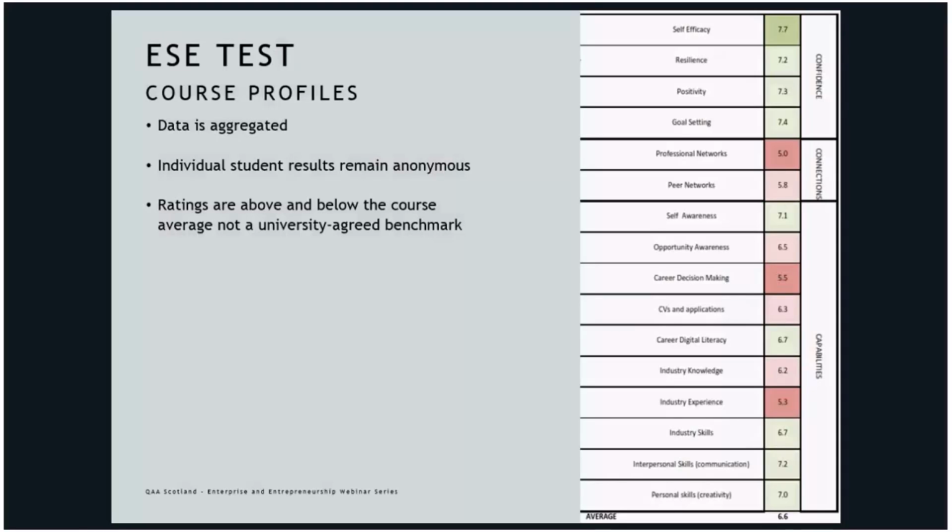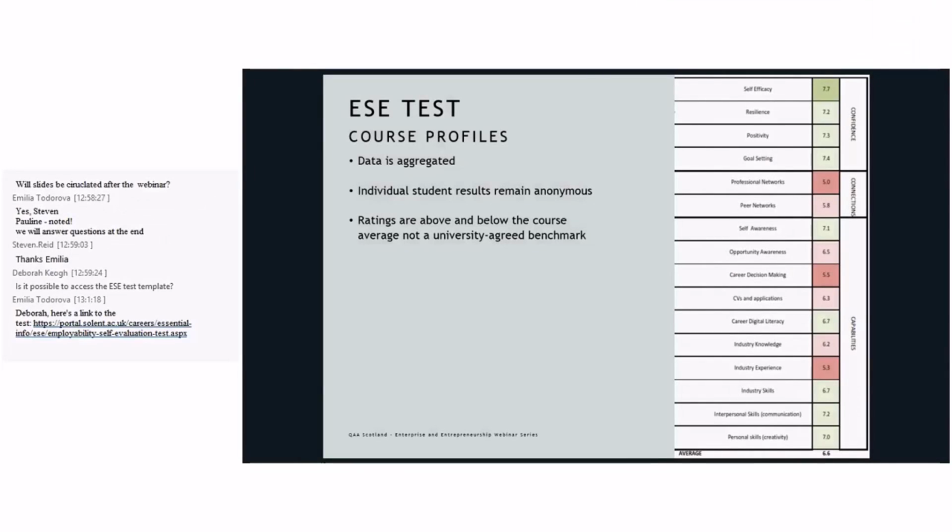One of the examples that's quite low here is in the networking side of things, the connection side of things. And for an awful lot of people, and I worked at various other universities before working at Southampton Solent, at a really early stage in their career, it's very common for students to say, well, I haven't got a brilliant network yet, I'm starting to build it up, but it's going to take me a few years.